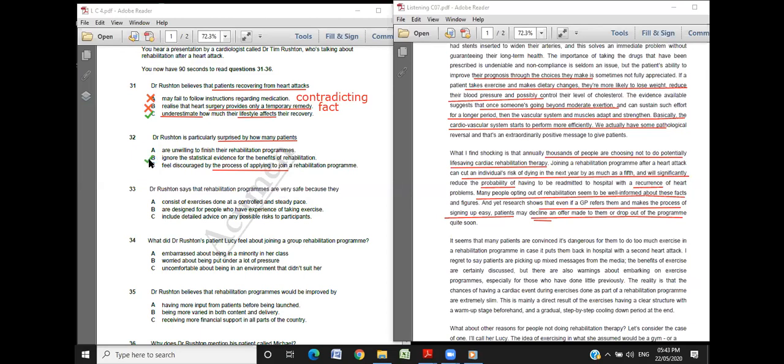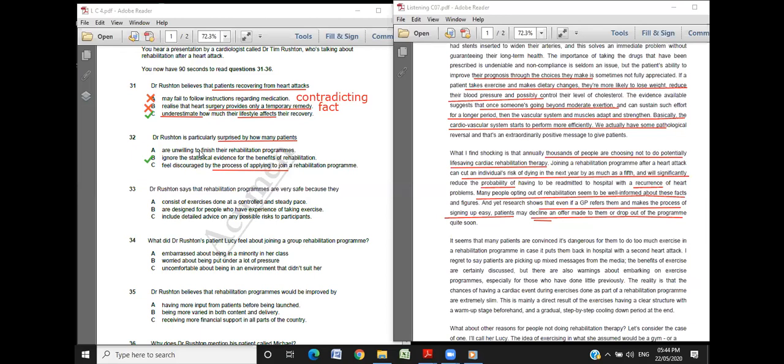They ignore the statistical evidence. It's true that they are unwilling, but not only to finish, they are unwilling to join, and then also, even if they join, they give it up before completing it. So A is incomplete. It's true that they are unwilling to finish, but that's not the summary of the whole extract.